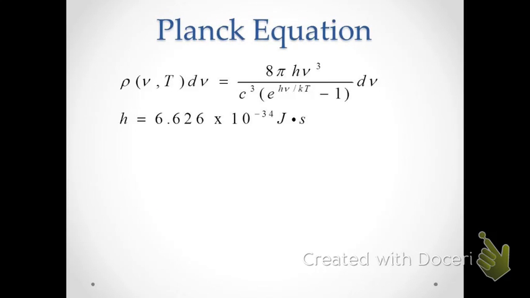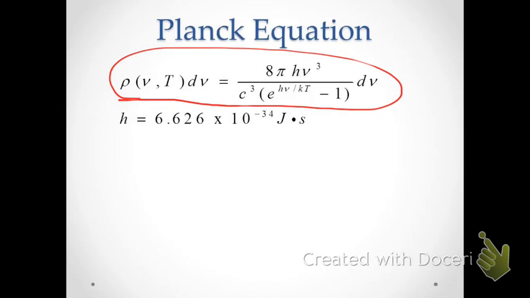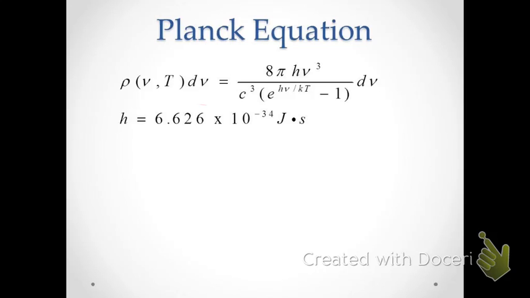So here's the equation that Planck derived. It may seem a little foreign to you at this point, but this quantity on the left-hand side has this rho, the Greek character rho, as a function of frequency and temperature. That's what that means. So rho nu of T means that we have this function rho, which depends on frequency and temperature.